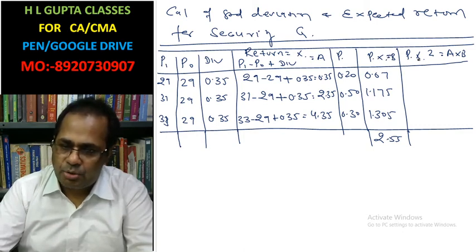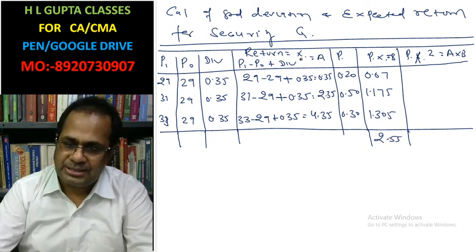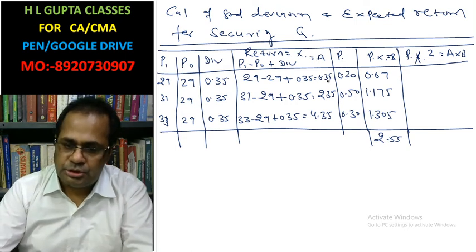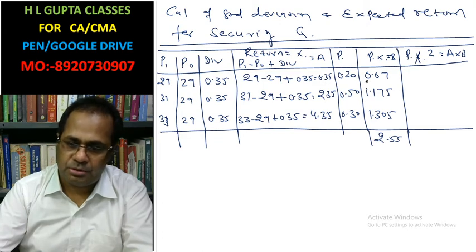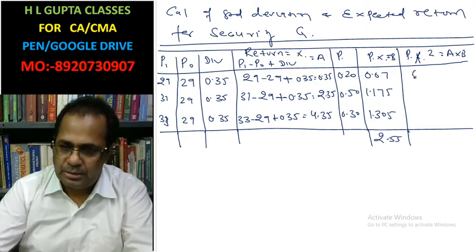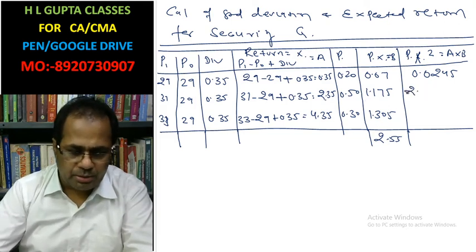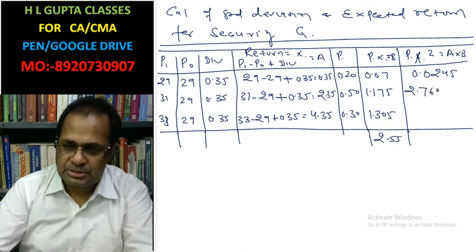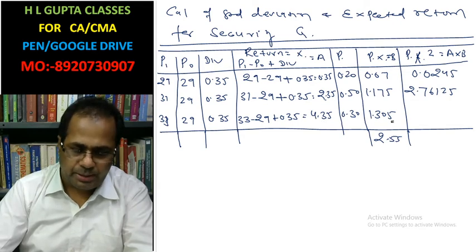Now here you have to calculate PI XI X square. So PI XI is already here, XI is here, A into B. So 0.35 multiplied with 0.07, you will get 0.0245. 2.35 multiplied with 1.175, 2.76125. 4.35 multiplied with 1.305, 5.67675.